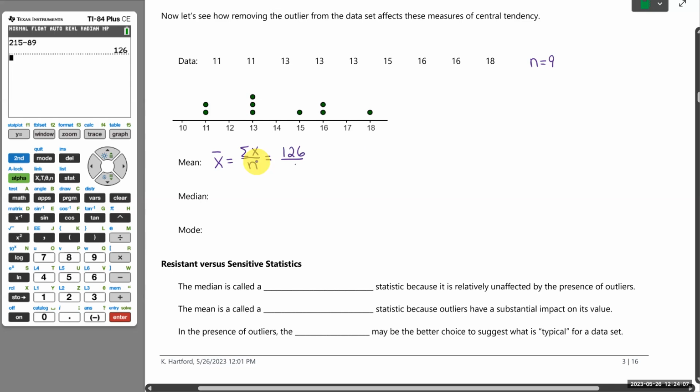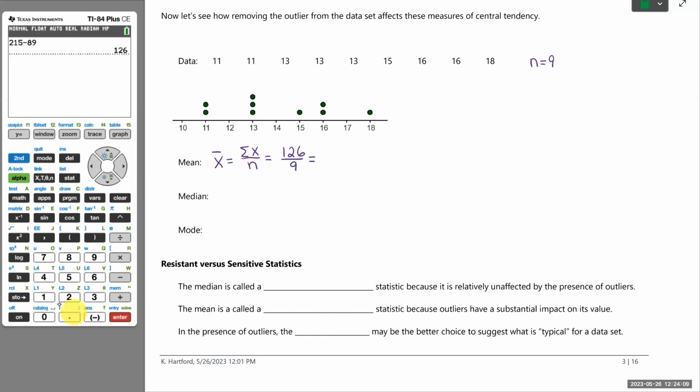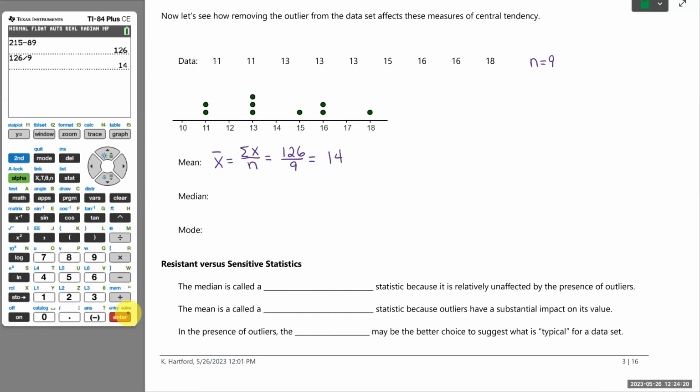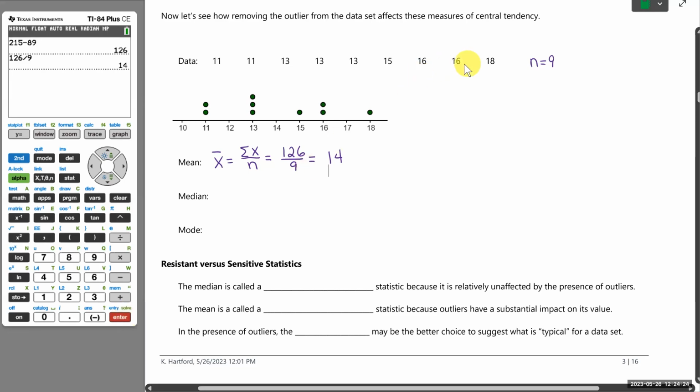Now I'm dividing by 9. 126 divided by 9 is 14. I'm not going to write the units again here, 14 years old. That again seems pretty good as a measurement of what's typical in that data set. So the mean now seems to be a pretty accurate representation of typical.